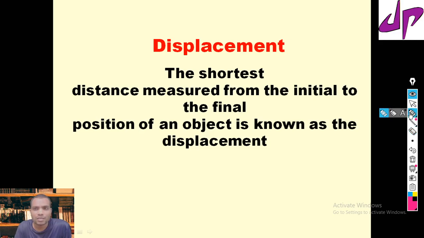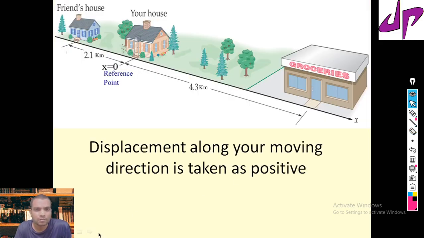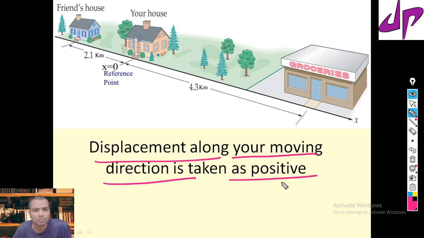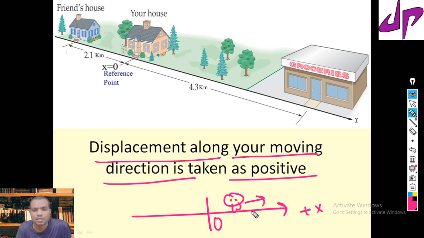So let us try to understand that with an example. Before that, whenever we are dealing with displacement, keep in mind that the displacement along your moving direction is taken as positive. Suppose this is my reference line, this is at the origin, and I am moving along the positive x-axis. So my displacement here is supposed to be positive.